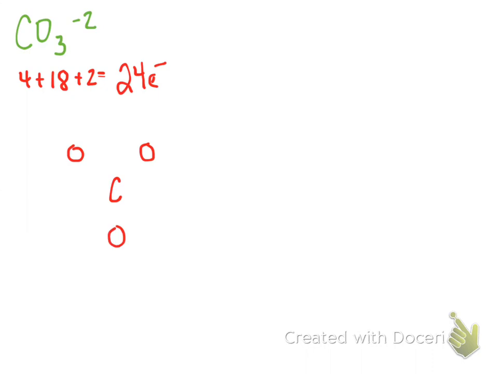Okay. So now I'm going to put in my bonds. That means I've used 6, and I have 18 left. Okay, so what seems to be the obvious choice here? Fill in our oxygens, right? 2, 4, 6, 8, 10, 12, 14, 16, 18.